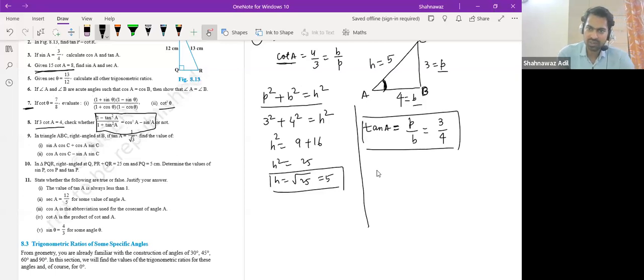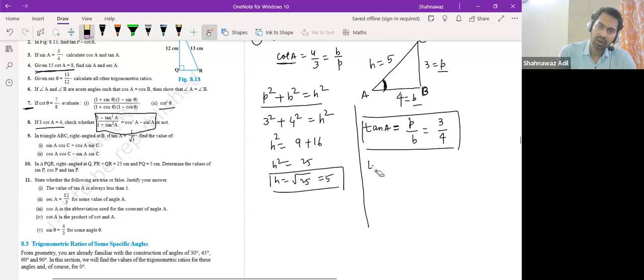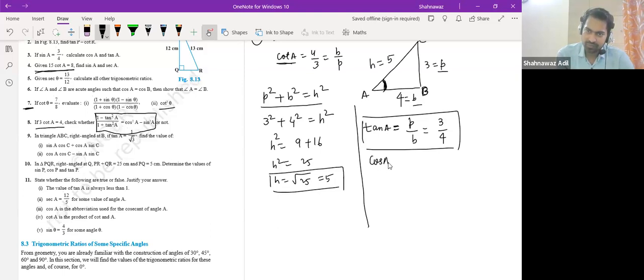Before that, let us find out all the ratios. So cos A is what? Cos theta is b by h, so b is 4 and h is 5.